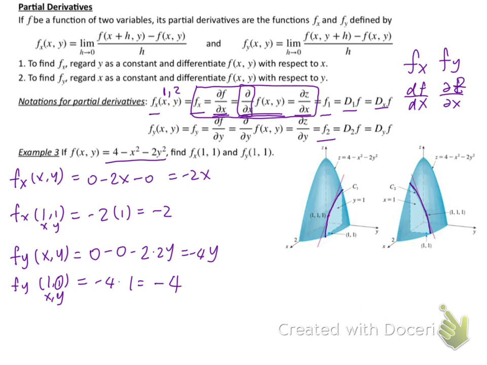So this is the curve that you see on the surface at x equals 1. Then this is a function of y. The negative 4 you got is the slope of the tangent line with respect to y, of course, at (1, 1, 1). Okay, so that's what they are geometrically. I want to show you they are still slopes of a tangent line since they are derivatives, but for now, I need you to know how to compute them.